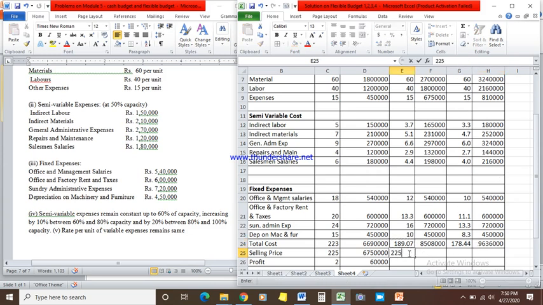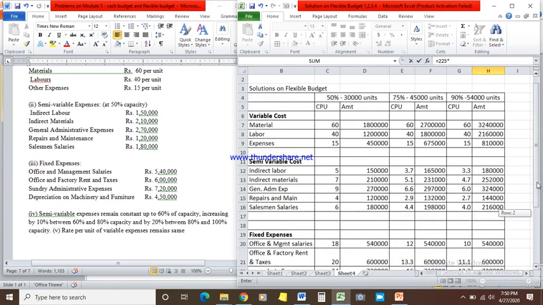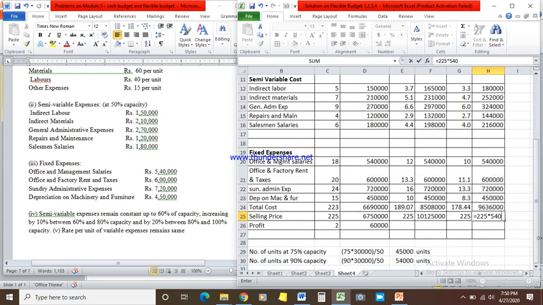Now since the selling price is kept the same, the total value is 225 into 45,000 here, and 225 into 54,000 here, as we are manufacturing 54,000. So the profit per unit in this case will be selling price minus the cost price. You get 35.93.